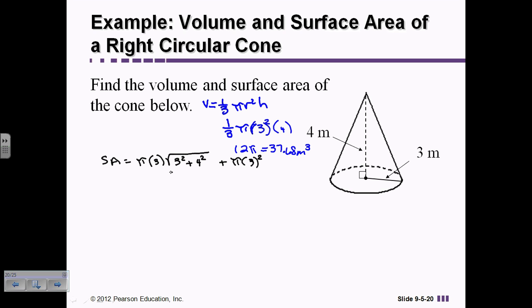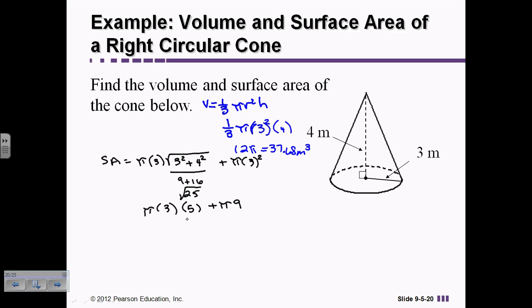So we really need to do this part of the problem first. So 3 squared plus 4 squared is 9 plus 16, which is 25. And the square root of 25 is 5. So now what we have in our problem is pi times 3 times 5 plus pi times 9.